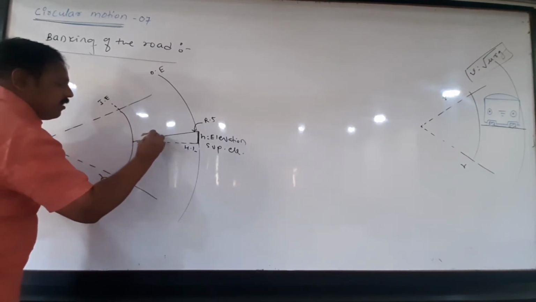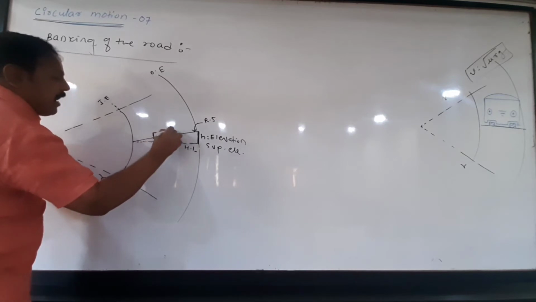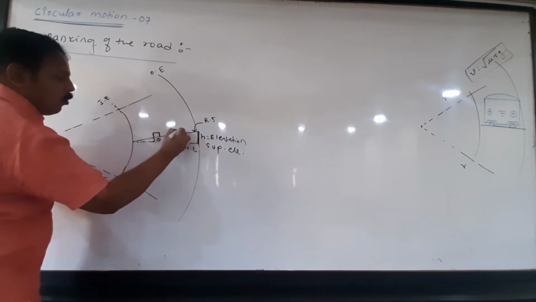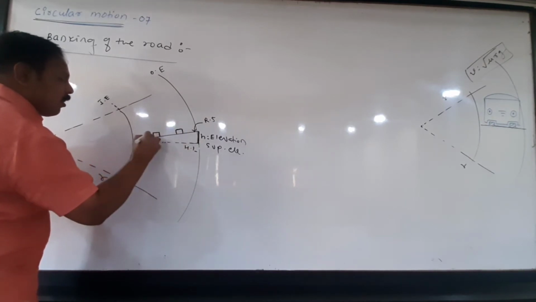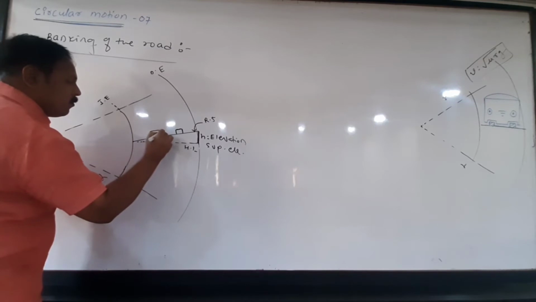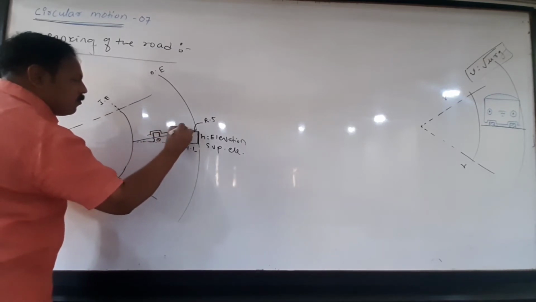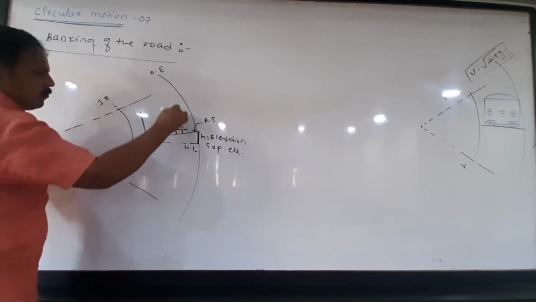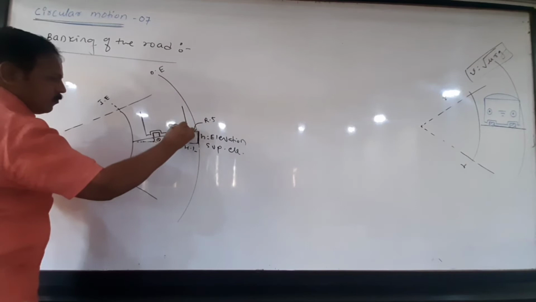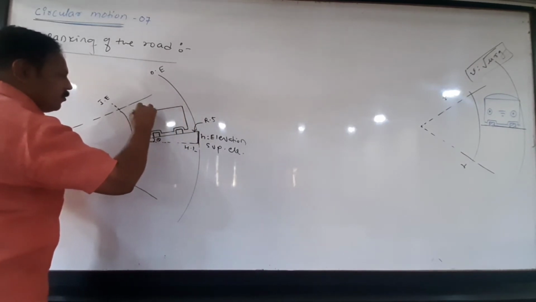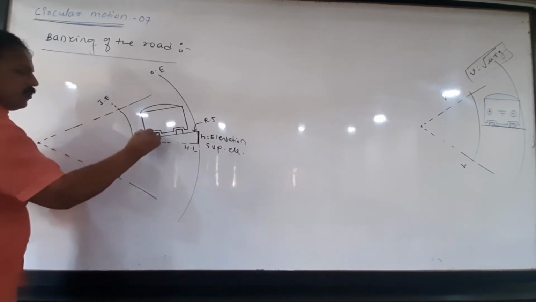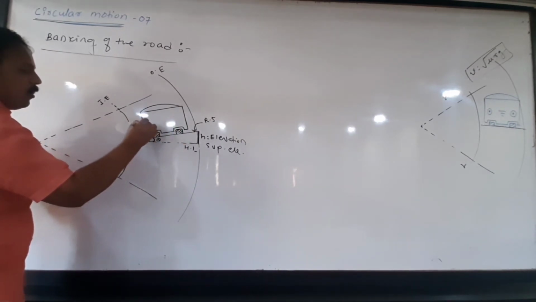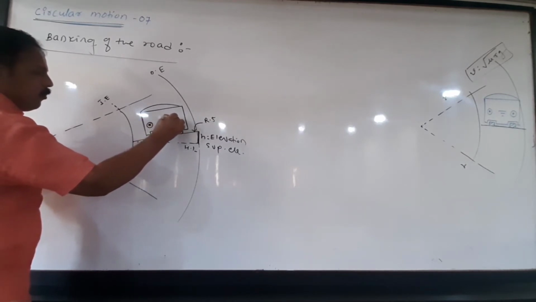Suppose this is the vehicle passing over the curved banked road. Whatever road we have seen earlier, that was a curved horizontal road. Now this is a curved banked road.